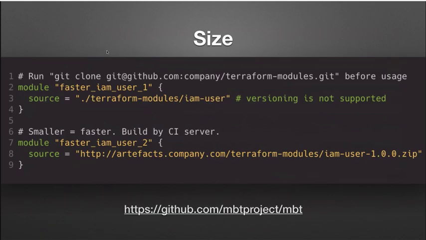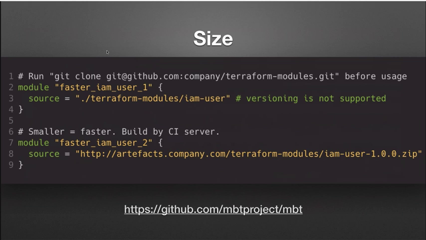The solution for this problem is to either clone the whole repository before referencing folders, or you can use a tool like MBT to build a small zip archive for a specific Terraform module and let users use just this one.